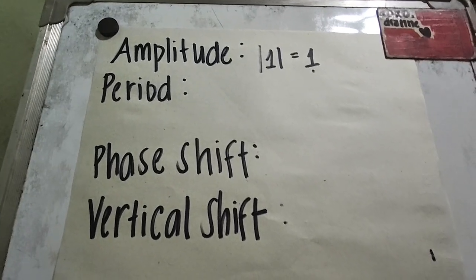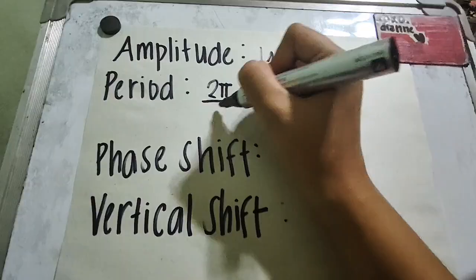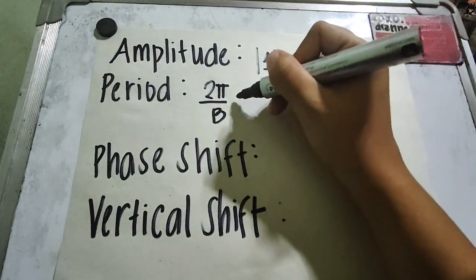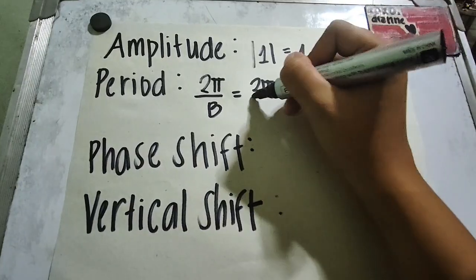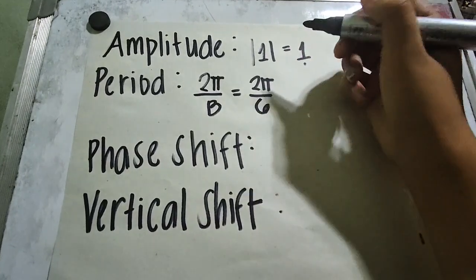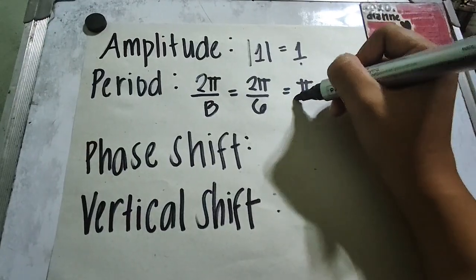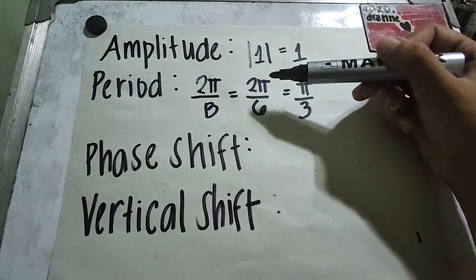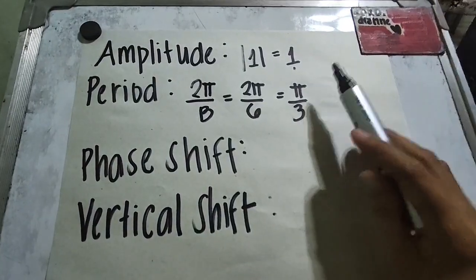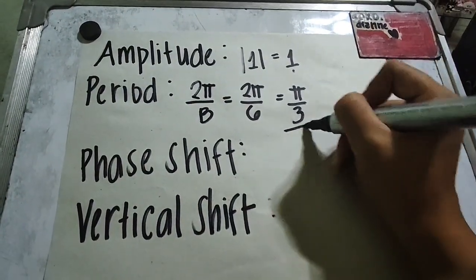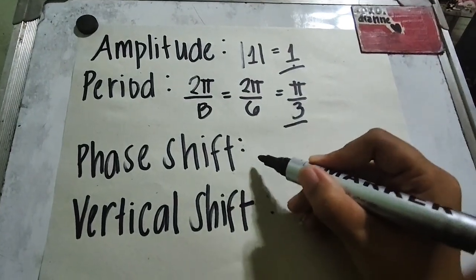Next is our period. To get the period is 2 pi over B, and we're going to simplify this and it will turn to pi over 3. So our period will be pi over 3. Next is the phase shift.